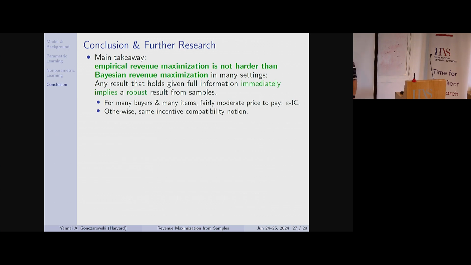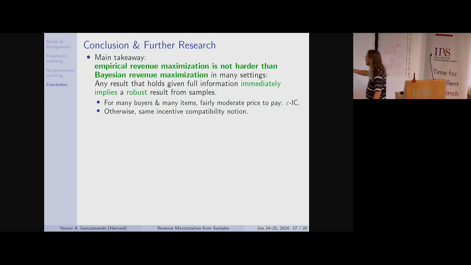So the main takeaway from today was, despite everything I told you yesterday, empirical revenue maximization is actually not harder, in a precise sense, than Bayesian revenue maximization in many settings, in the sense that any result that holds given full information immediately implies a robust result from samples. That's what I proved to you. That's our meta theory.